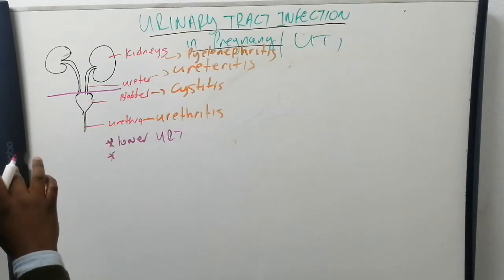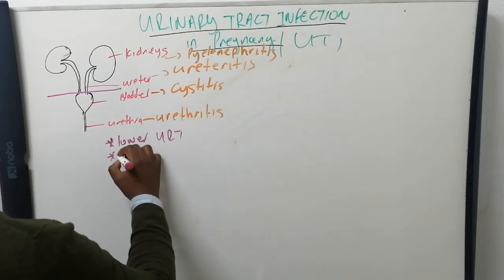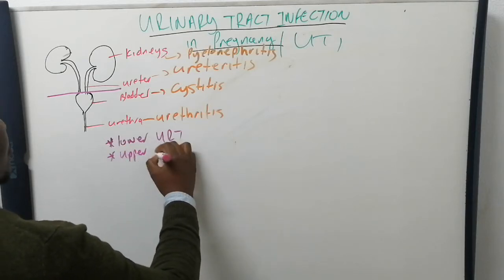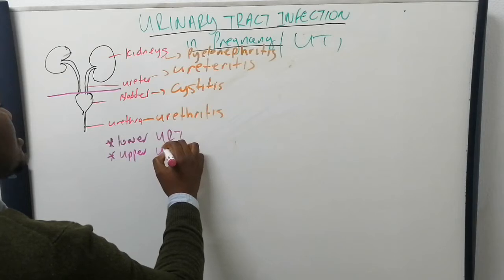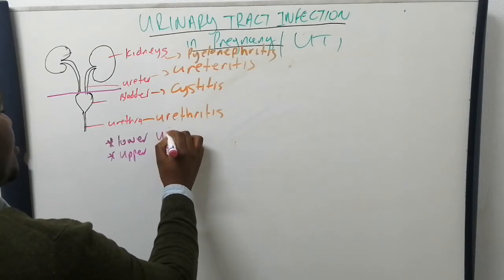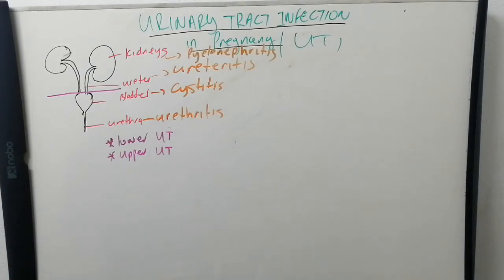And the ureters and the kidneys are known as the upper urinary tract. Why is this important?